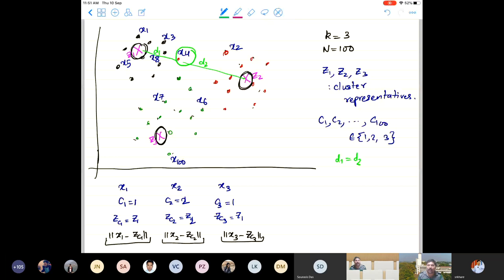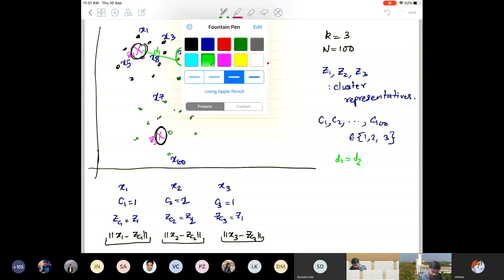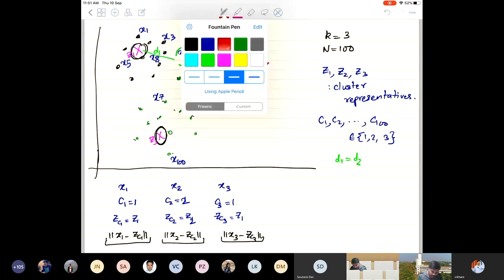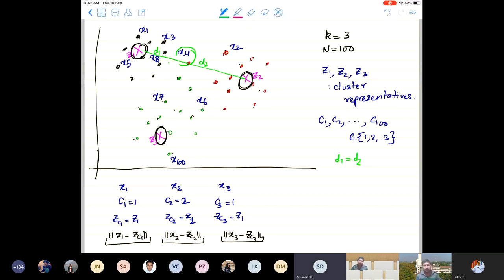In this particular diagram, it is coming to be D1 equal to D2, and that's okay. But if I drew X4 like this, a little bit away, that's my point X4. Then the choice could be anyone, right? Now D1 is equal to D2.